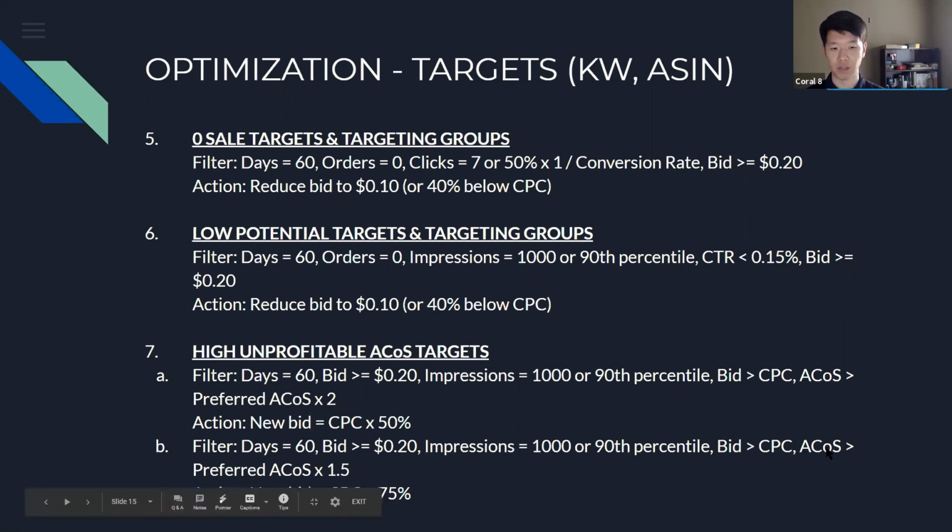So if the ACOS is between 1.5 times the preferred ACOS and 2 times the preferred ACOS, then what you want to do is take the CPC amount and reduce it by 25%. So take the CPC and multiply by 75%.